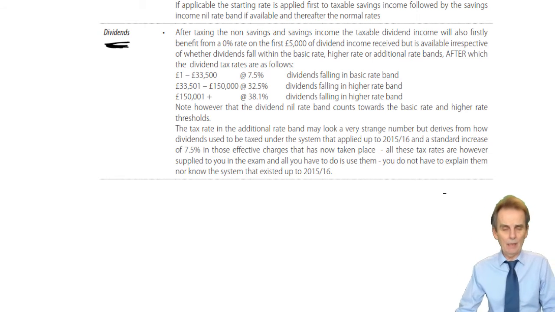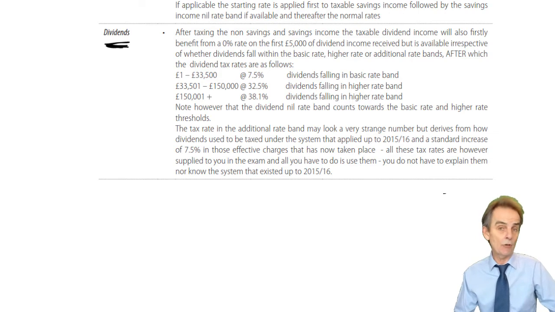Okay, so back we go now and look at the tax treatment of the dividend income. Here we're going to see some very different tax rates applying, depending on whether any taxable amount of the dividend income falls within the basic rate band, the higher rate band, and of course thereafter the additional rate band.